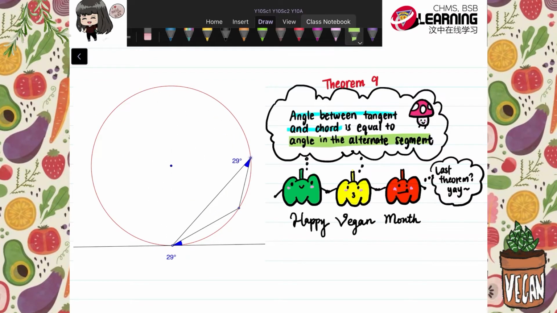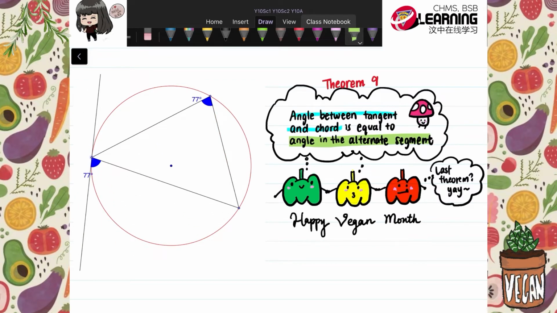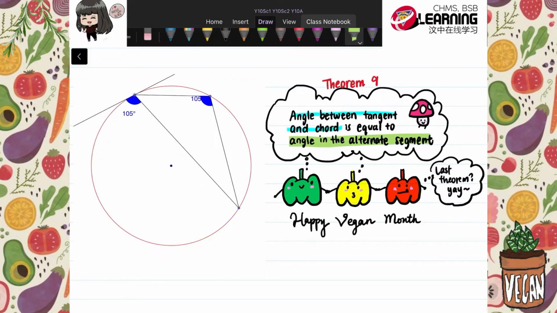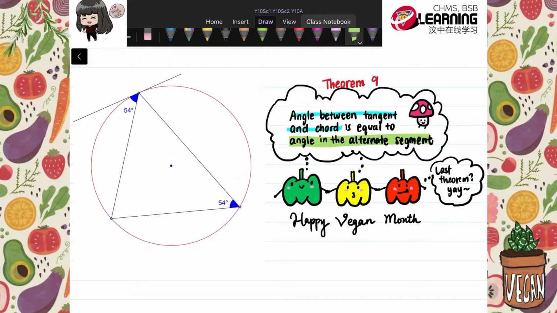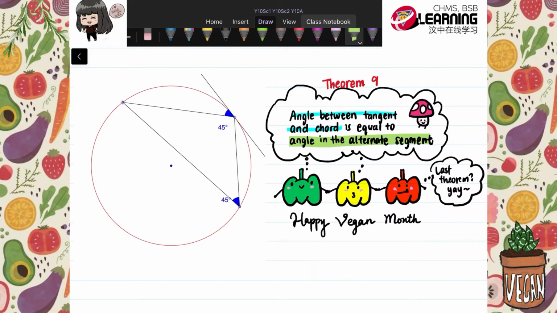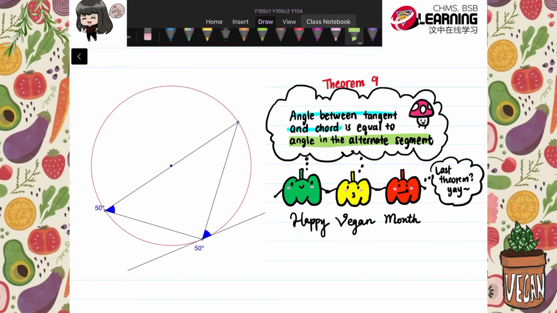As long as this chord, with one end over here going towards here and the other end going towards here, we call this the alternate segment, and they are equal. What if I move like this? You can see the 77 equals 77, 107. I just want to show you how it actually looks like. It's still the same.